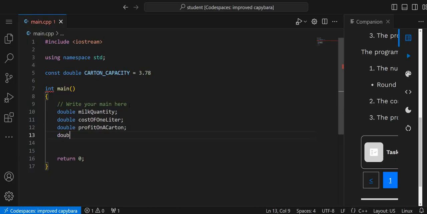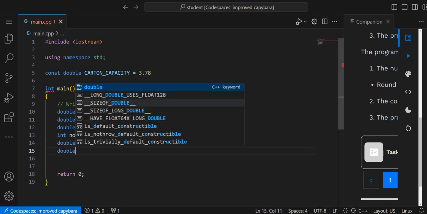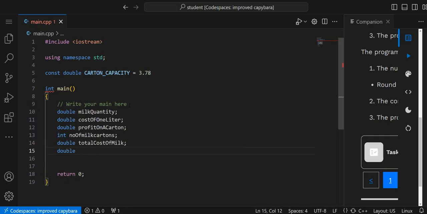And then we have an integer, number of milk cartons. And the rest are doubles. Total cost of milk. And the last one's a double, and it is profit.